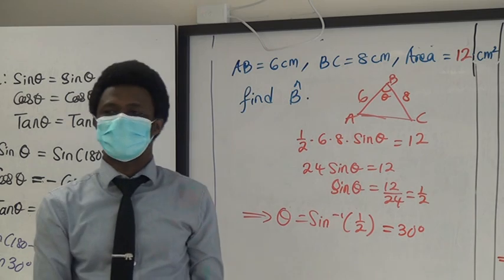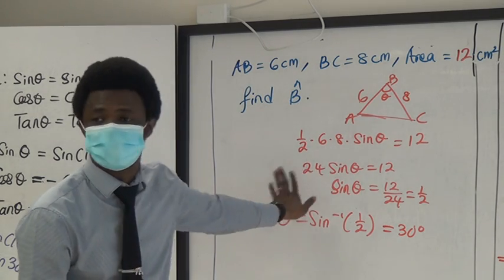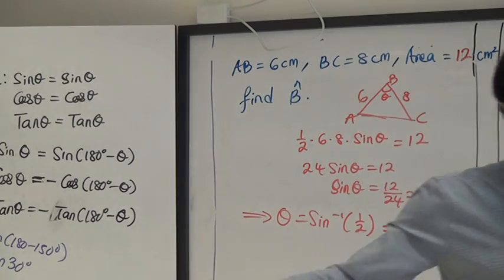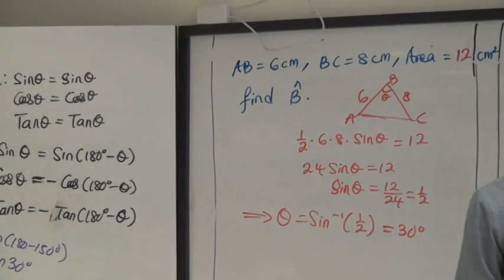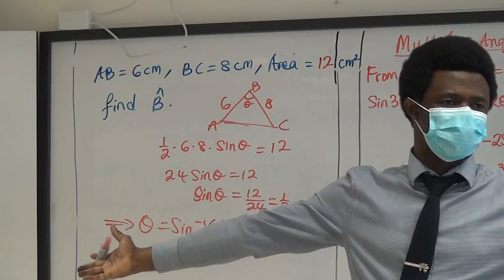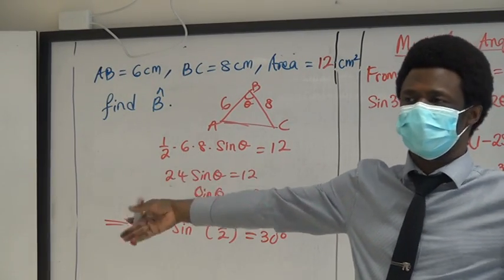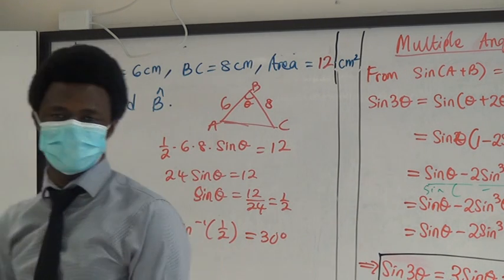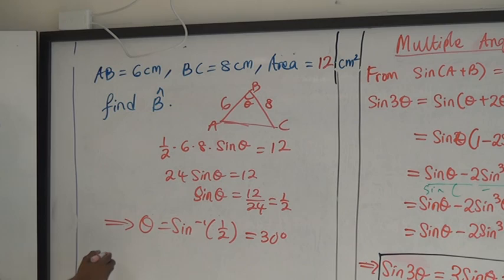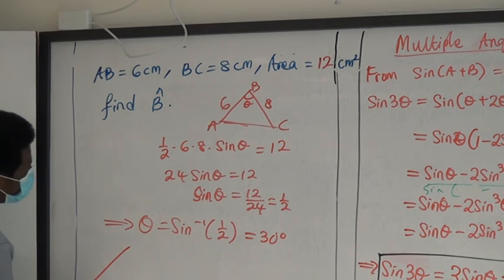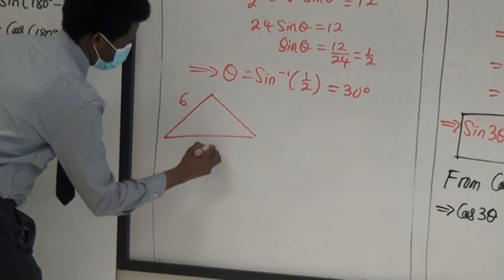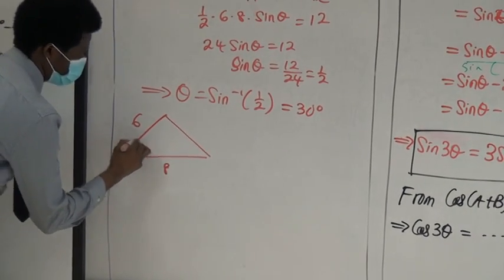So the question you might have, this is what you know in IGCSE so far. Okay? In IB, a question like this will tell you, sketch the possible triangles for which this information is true. But what you have done is just one triangle. So you are thinking of this: 6, 8, 30 degrees.